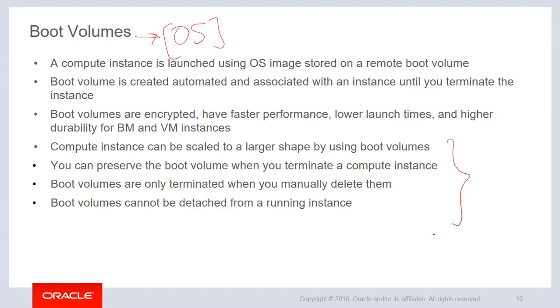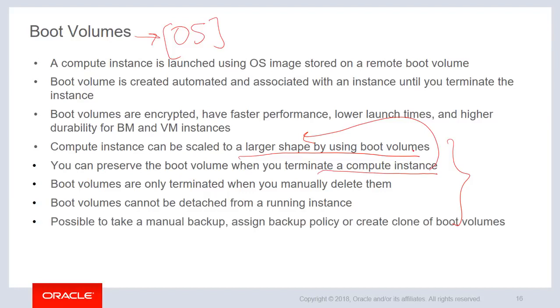You can preserve the boot volume when you terminate a compute instance, and you can run a larger shape by using these boot volumes. You can take a manual backup, you can assign a backup policy, or you can create clones of boot volumes. Later on, we'll look into a course on block volumes, and a boot volume is a special kind of block volume.